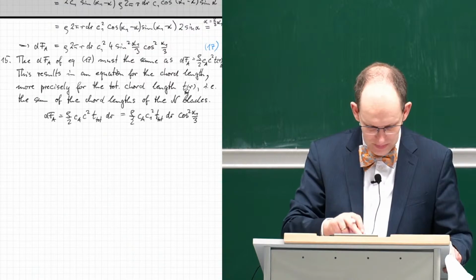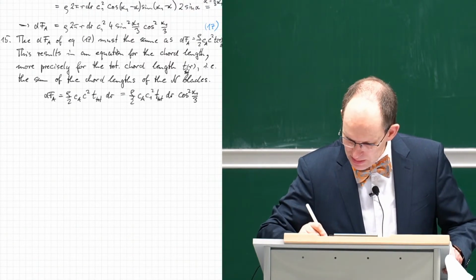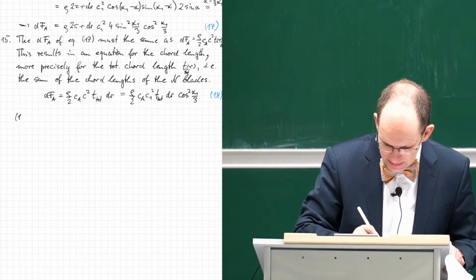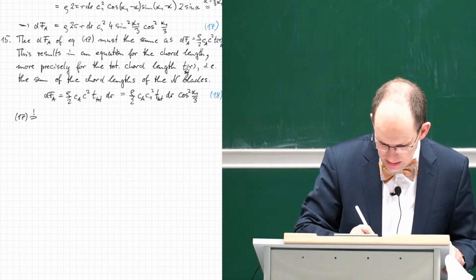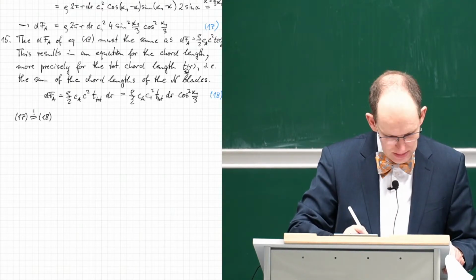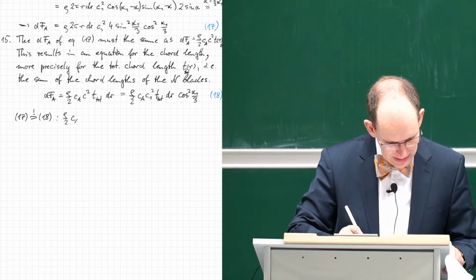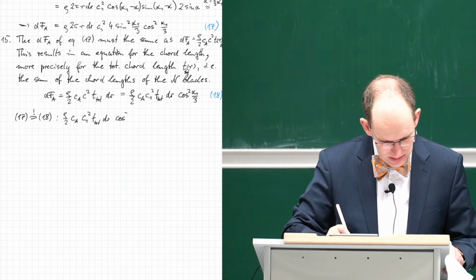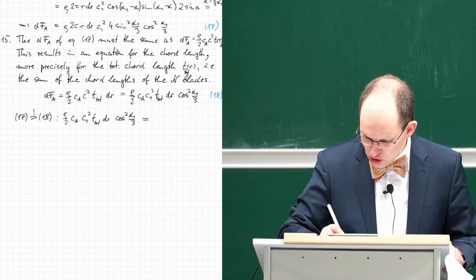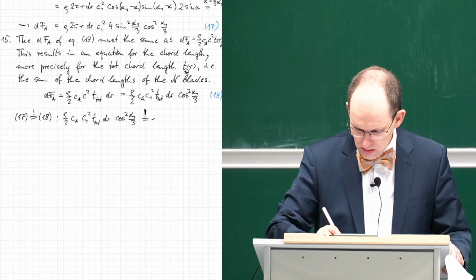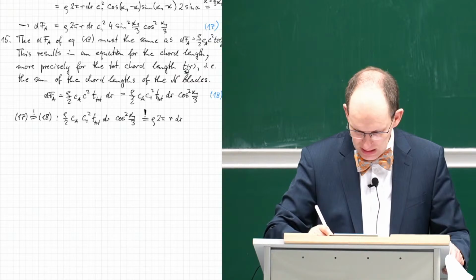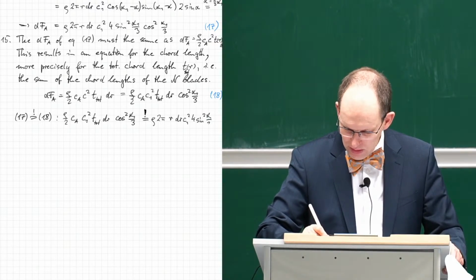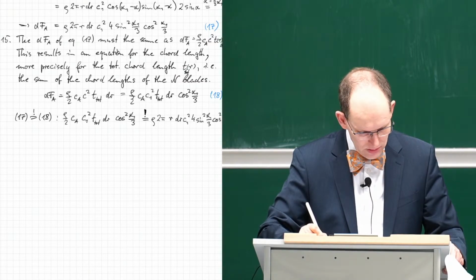Okay, so this is equation 18, and now we do what we said, namely that equation 17 must be equal to equation 18, which means that rho over 2 Ca C1 squared total chord length times dr times cosine squared alpha 1 over 3 should be equal to rho times 2 pi times r times dr C1 squared 4 times sine squared of alpha 1 over 3 times cosine squared of alpha 1 over 3.